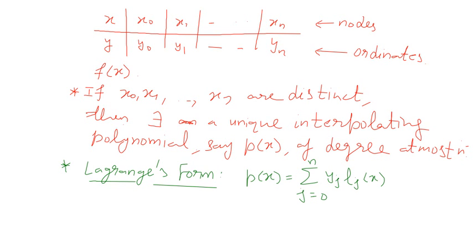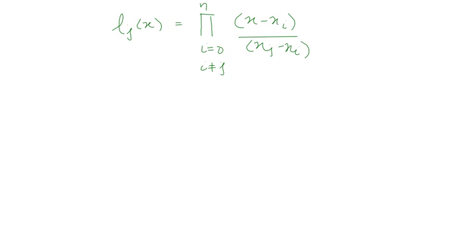Here Lj of x are called cardinal functions. Lj of x is equal to the product over i equals 0 to n, i not equal to j, of x minus xi divided by xj minus xi, where j is running from 0 to n.